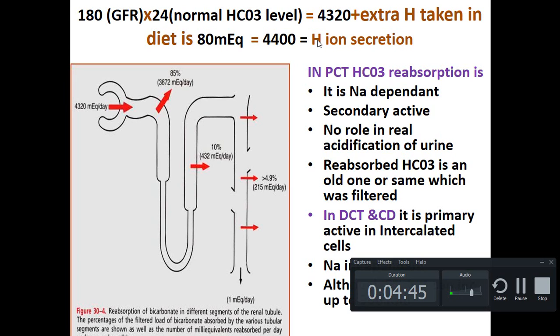We are performing two beneficial functions for the body at the same time. On one side we reabsorb the bicarb, and at the same time we get rid of the hydrogen ion. When one hydrogen ion is secreted, it goes out from the nephron, and at the same time it assists in the reabsorption of one bicarb.